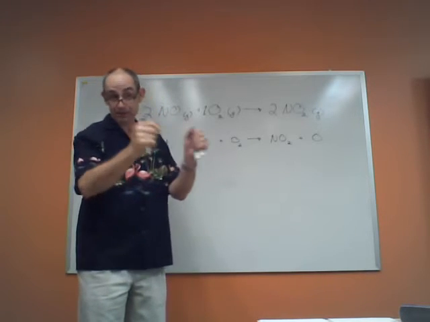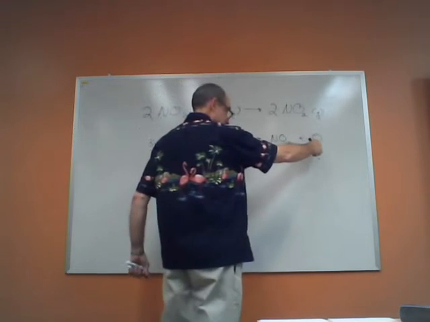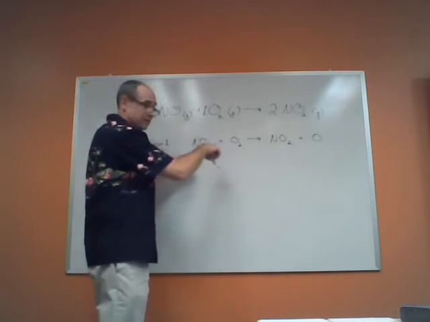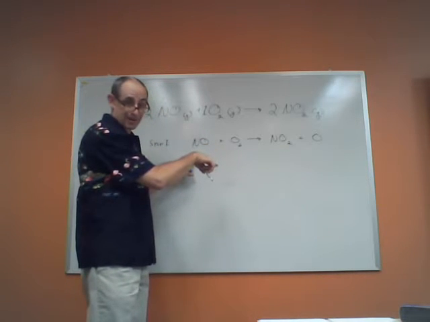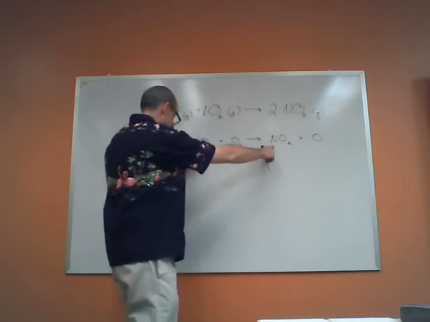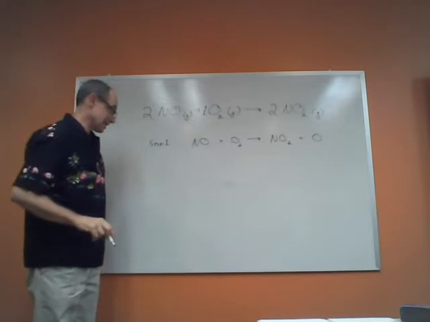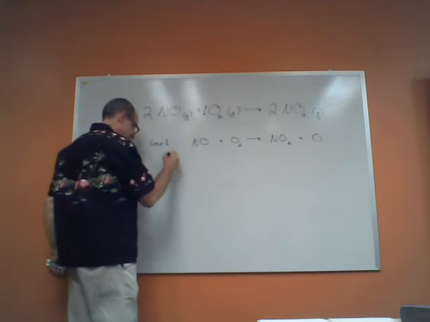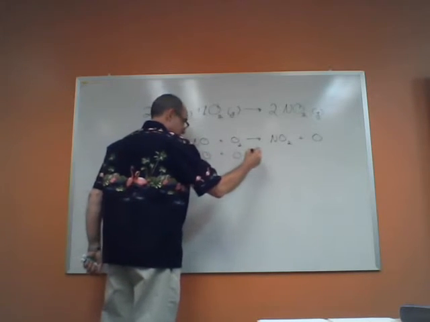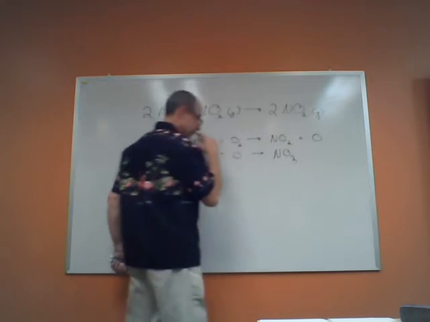It's not very stable. It doesn't satisfy the octet rule. Very high energy, but it still exists as an intermediate. And notice that this step, like all the steps in a reaction mechanism, is itself balanced. I've got 1 nitrogen atom and 3 oxygen atoms on both sides, but it does reflect a change. In step 2, a second NO will react with that oxygen atom to form another NO2.